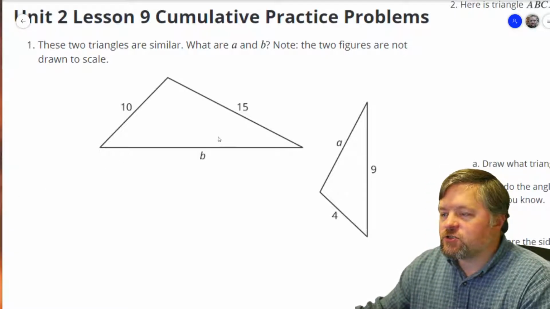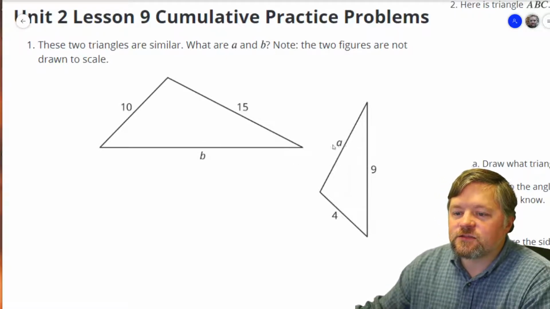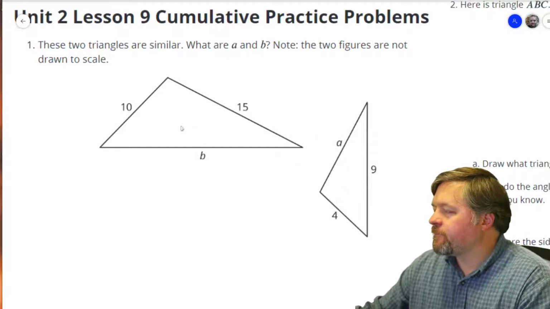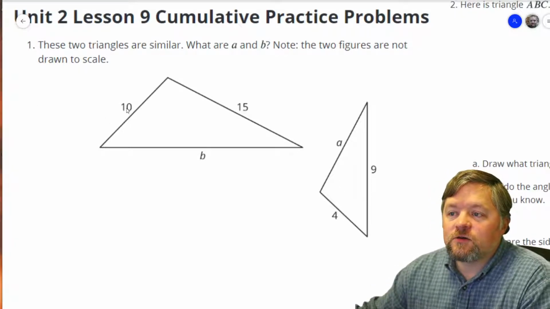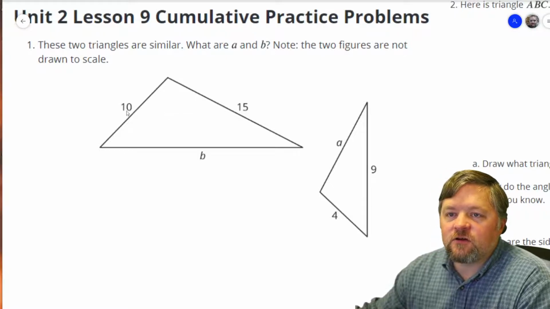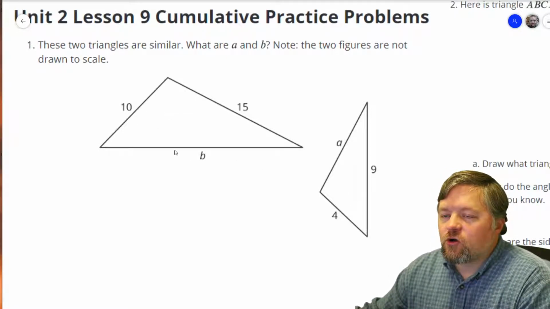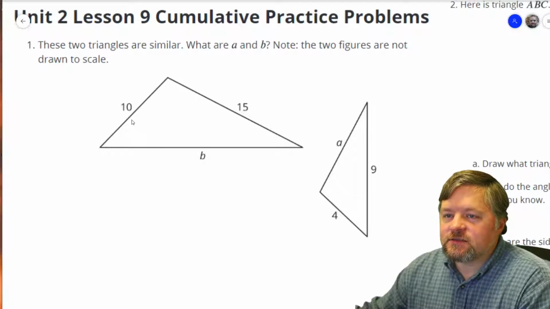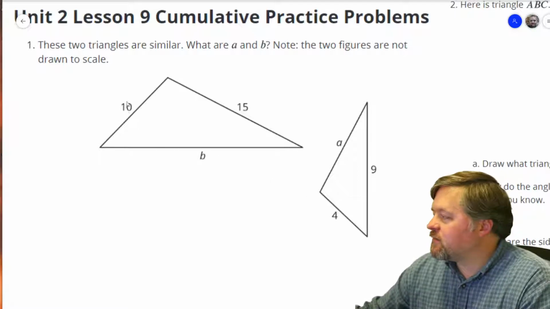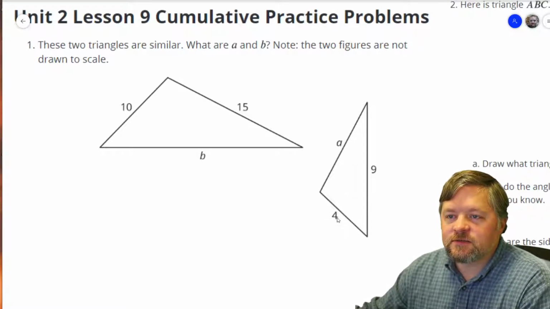So for these two triangles here, A is on the small triangle. So to go from the large triangle to the small triangle, we have to look at corresponding sides. This side with a side length of 10 and the side with a side length of 4 are corresponding sides.